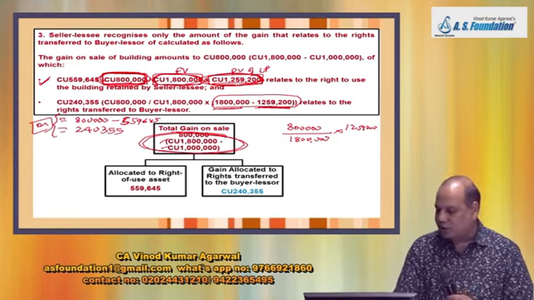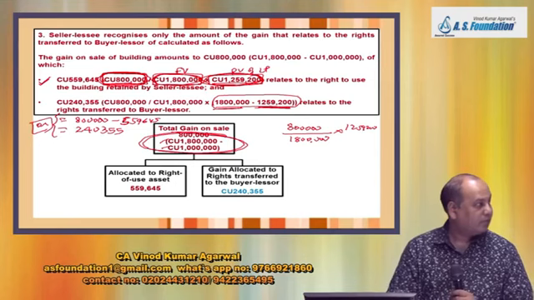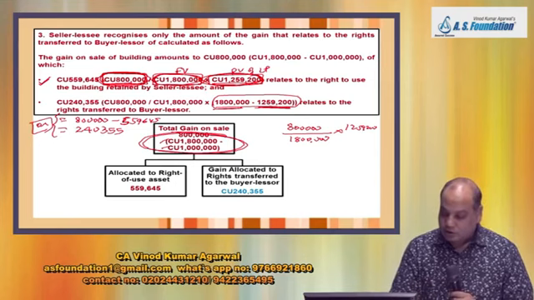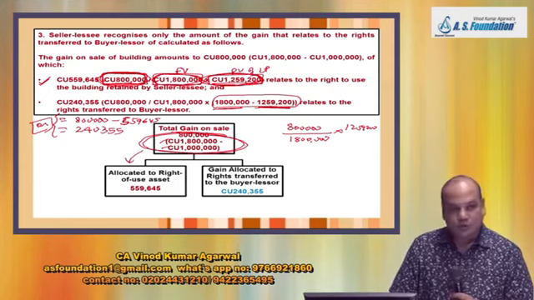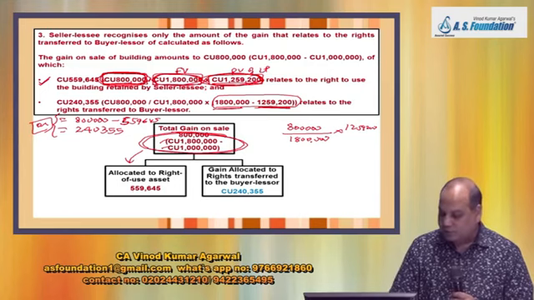If you want to understand again with the help of this diagram, gain on sale is 8 lakh. The portion of the gain related to right of use asset is 559,645. So this we will not recognize.